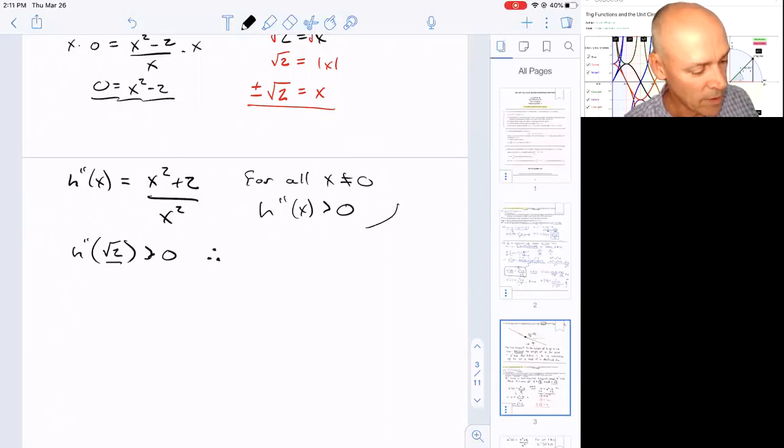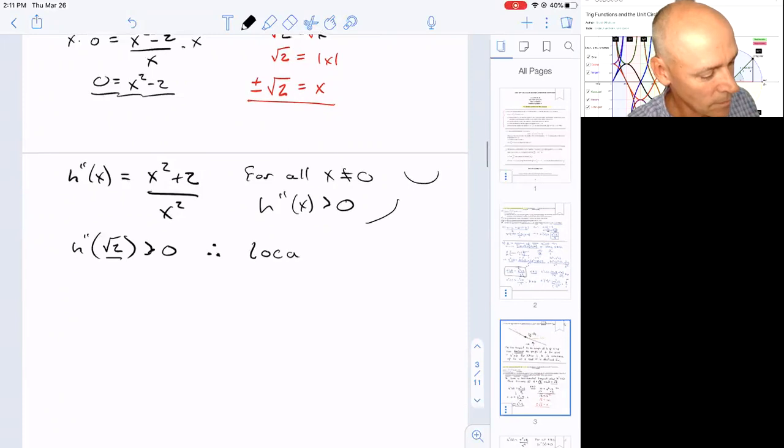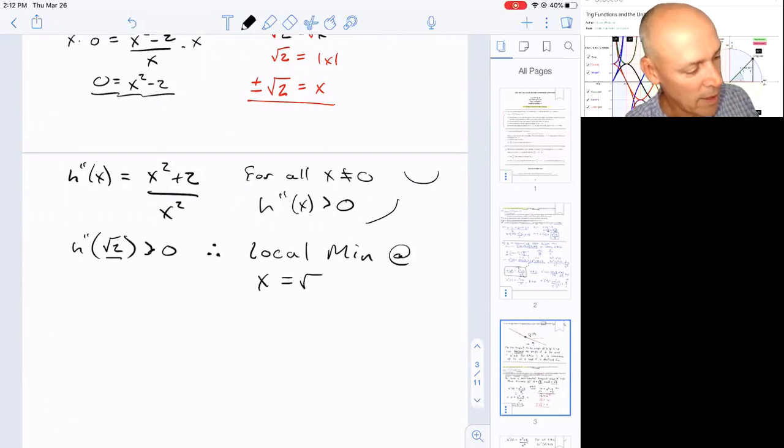It's concave up, so that can only be a local min. It's a local min on h at x equals root 2.